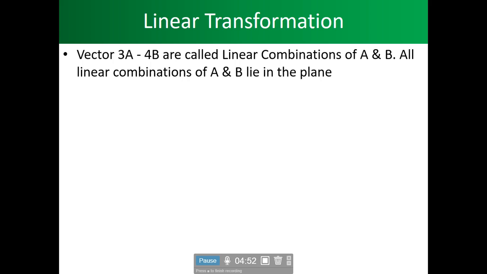And as you're using these different vectors, there are many operations that can be used. Usually there is a constant in front of A or B. I put in 3 here so that we can have some type of idea. We also find out that all linear combinations of A and B lie in the plane where A and B are located.